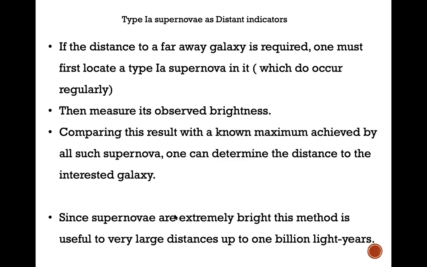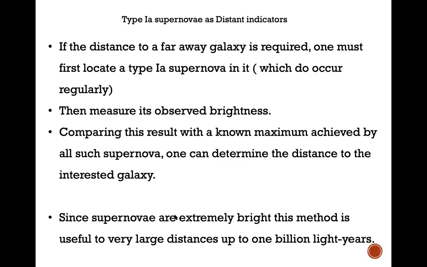As I have mentioned here, if the distance to a faraway galaxy is required, one must first locate a type 1A supernova in it and then measure its observed brightness. All you need to do is locate the type 1A supernova and then measure the brightness of that particular supernova, right?